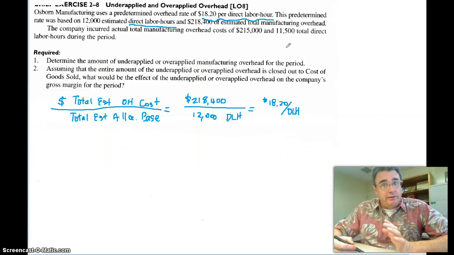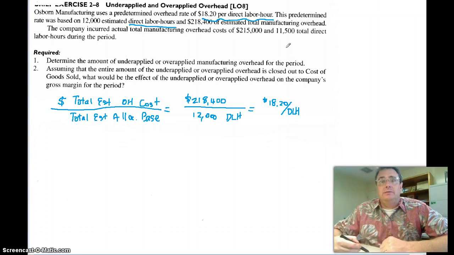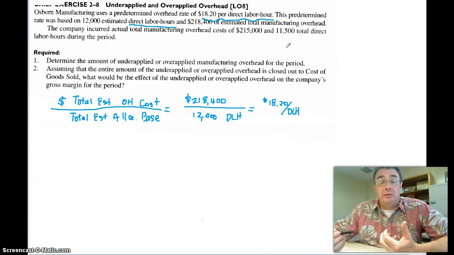The predetermined overhead rate is calculated at the beginning of the year before we've done any work. We don't have any actual data at the point we're computing the predetermined overhead rate. The actual data comes to us later in the year.